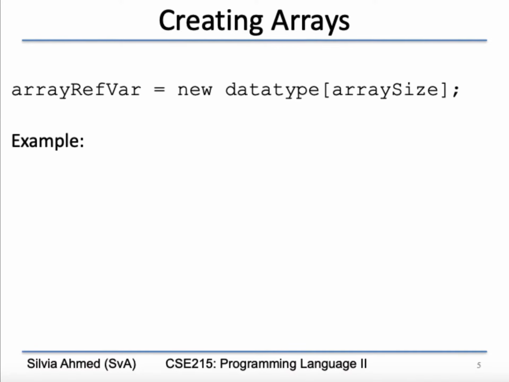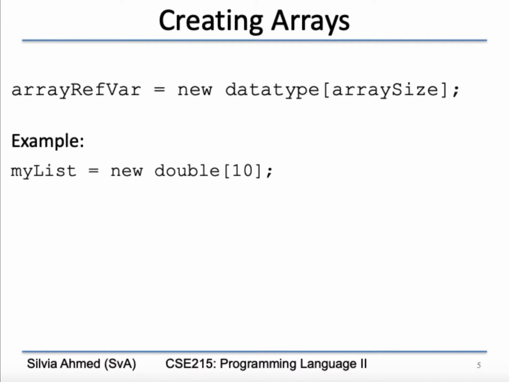If we want to create the array in our example, we need to write myList equals new double[10]. By this line we are telling our computer to allocate space to store 10 double values.